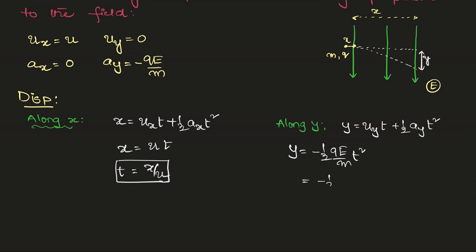So now, minus half qE by m into x square by u square. As y is proportional to x square, this path is a parabola. So what kind of path? You can expect some theory questions also. What kind of path it is following means that path is a parabola. So this is from the displacement equation questions.